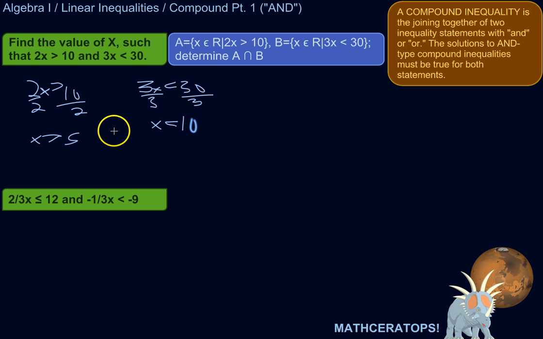So I could write the solution simply as x is greater than 5 and x is less than 10. That's fine. There are more economical ways of writing it.